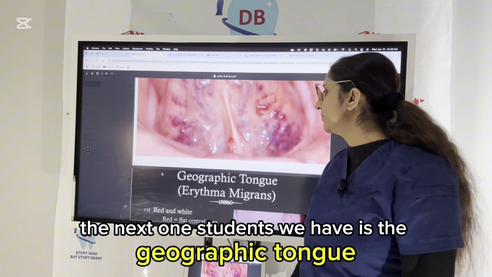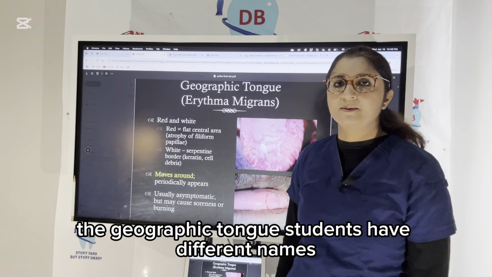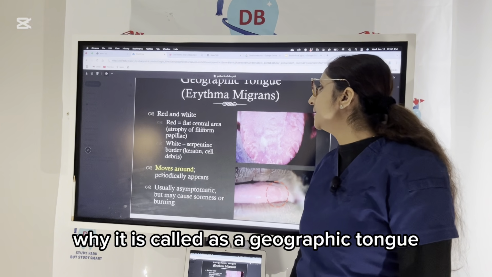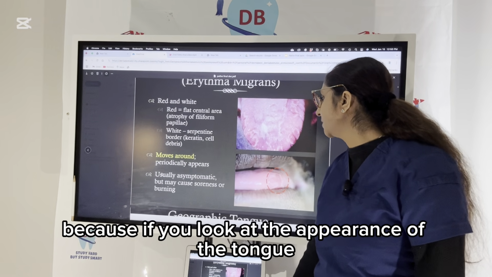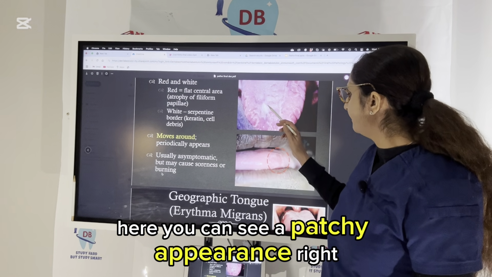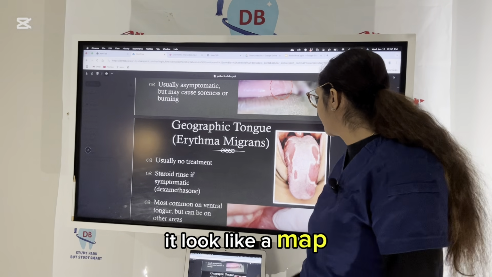The next one, students, we have is the geographic tongue. The geographic tongue has different names, like benign migratory glossitis, erythema migrans. Why is it called a geographic tongue? Because if you look at the appearance of the tongue here, you can see a patchy appearance, right? It looks like a map.